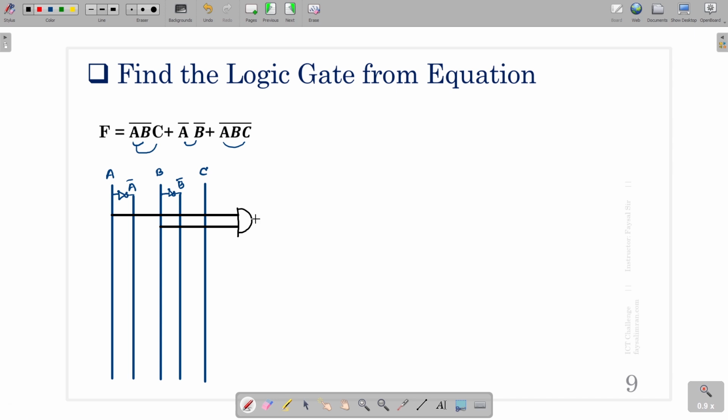So for this AND gate we will get AB, but we need AB whole bar, so that means we need here a NAND gate, because we already know that a NAND gate can give this value, okay, whole bar. So here we will get AB whole bar. If I input here C, that means we get ABC whole bar, but we don't need that.